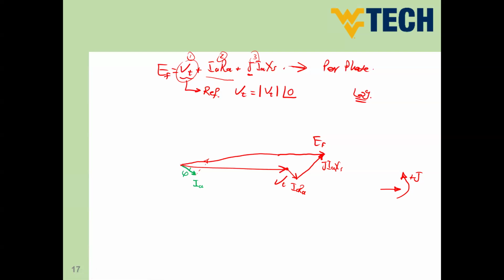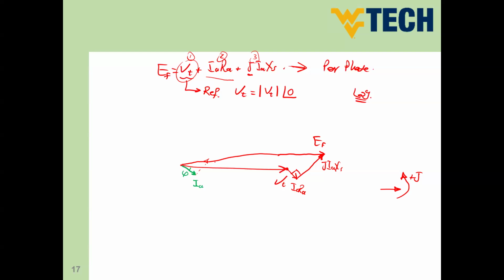So it's better to draw the phasor diagram using your tools. It's not going to be to scale, but you have to consider the angles, which means this is right angle, so it has to be right angle. Okay, otherwise this would be incorrect. Okay, guys. So this is now the phasor diagram in case of lagging power factor.